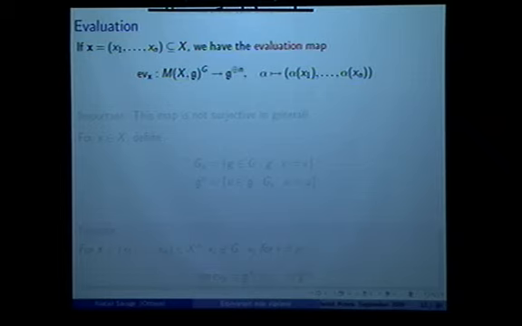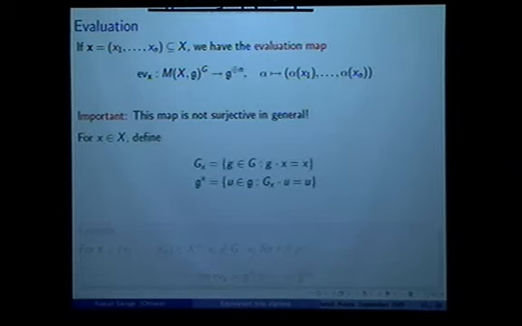And what's important for us is to know the image of this map when we want to discuss these representations. So in general, this is not a surjective map. Right? And the reason it's not surjective is the following. For any point, we can consider the stabilizer of that point. So we consider the subgroup of our big group that's acting that fixes this point. And then we can take this subalgebra of our little Lie algebra that's fixed by the stabilizer of that point.